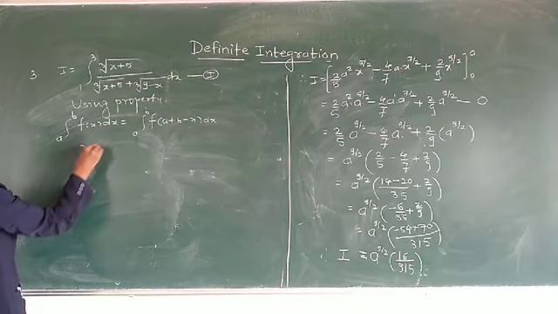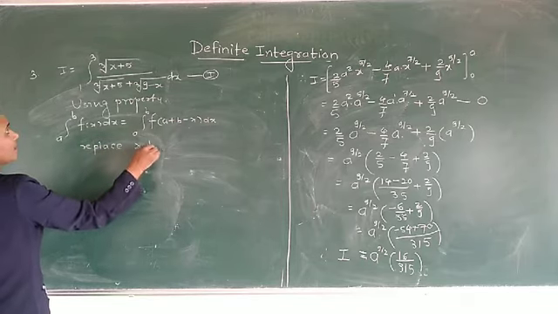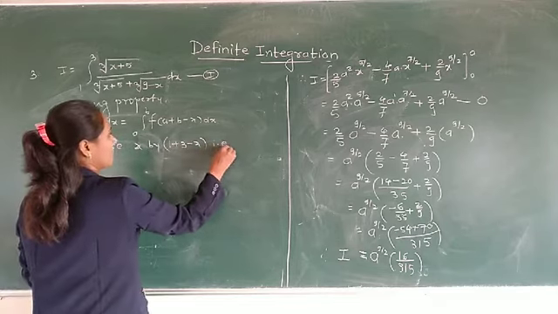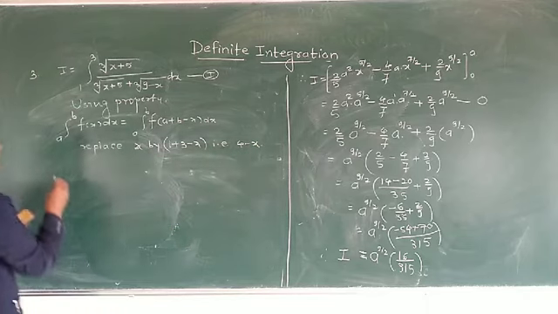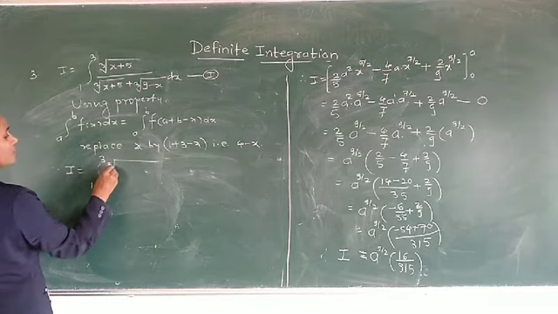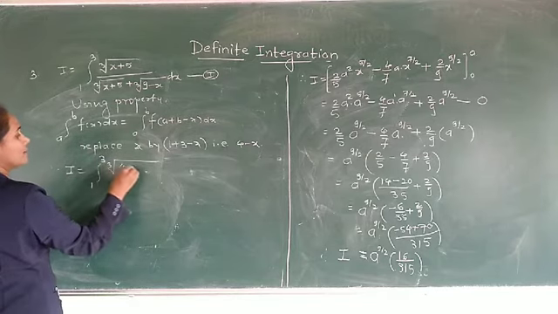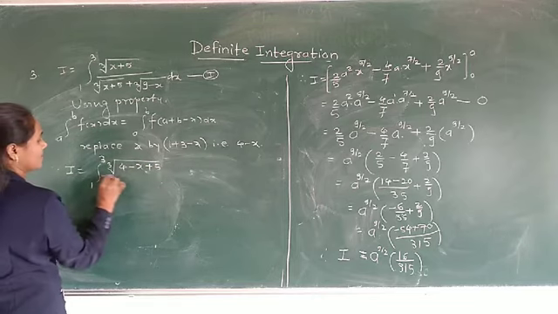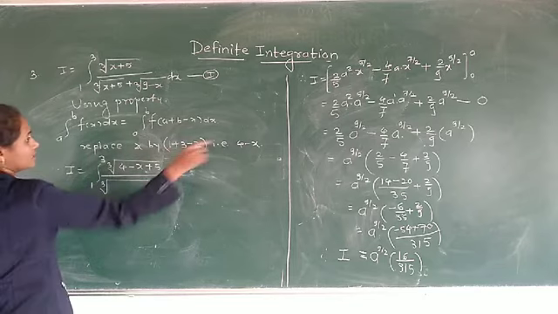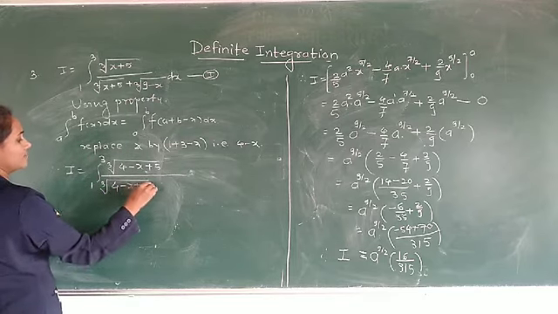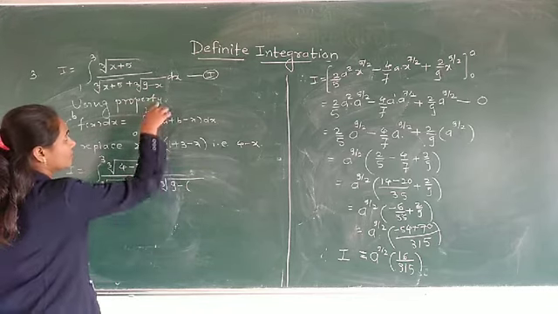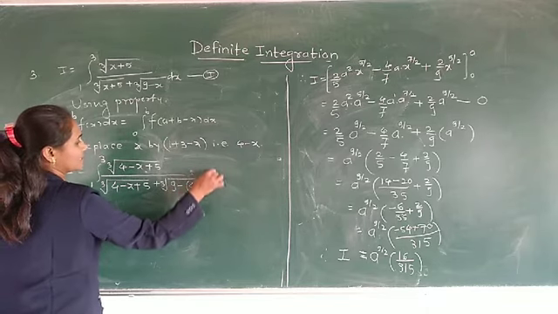That is, replace here x by 1 plus 3 minus x, that is 4 minus x. Therefore, I is equal to integration 1 to 3, cube root of, instead of x, take 4 minus x plus 5, divided by cube root of 4 minus x plus 5, plus cube root of 9 minus the value of x, which is 4 minus x, into dx.